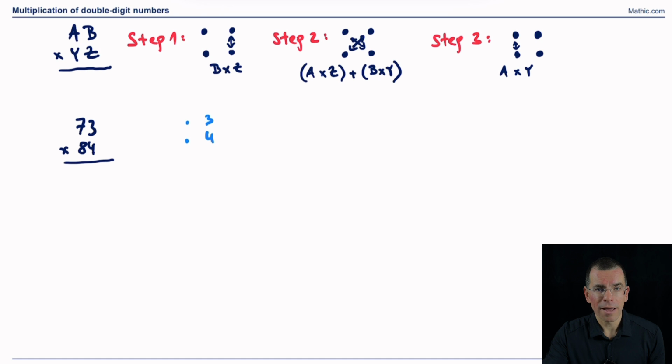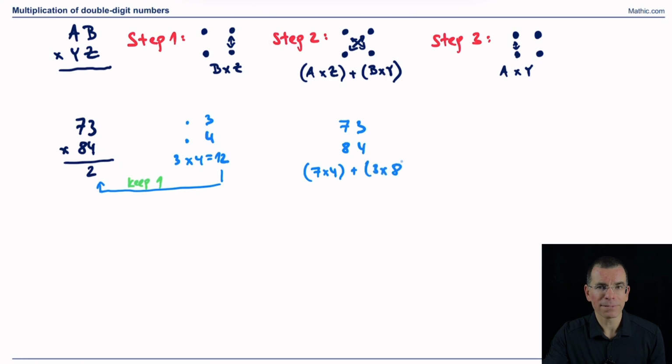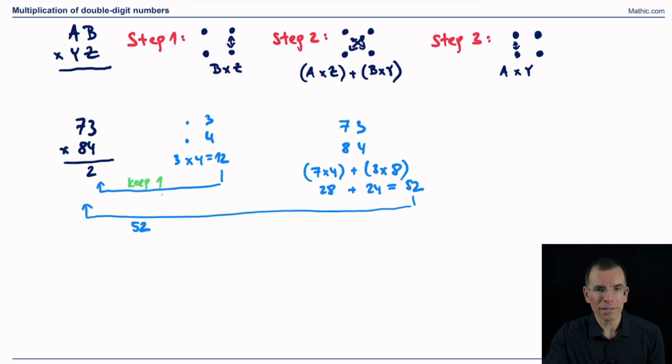Well, step 1, 3 times 4 equals 12. We write 2 as the last digit of our final result, keeping in mind number 1. Step 2, 7 times 4 plus 3 times 8. That is 28 plus 24 equals 52. We add 1 from step 1 and we get to 53.